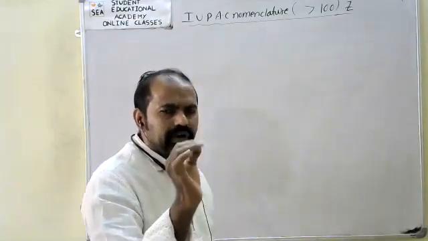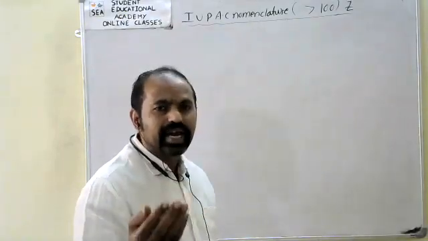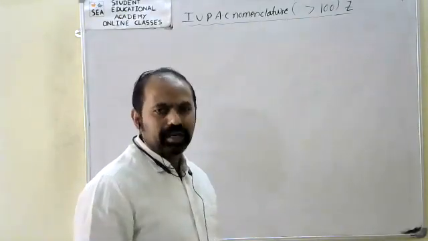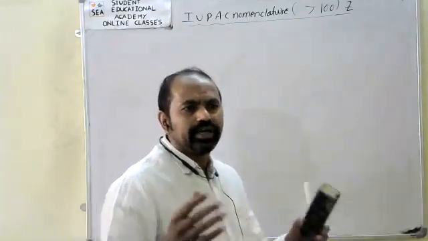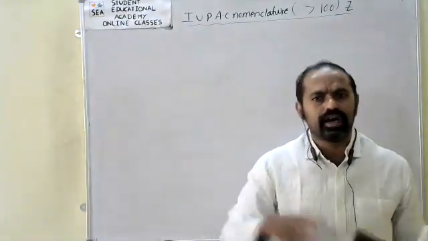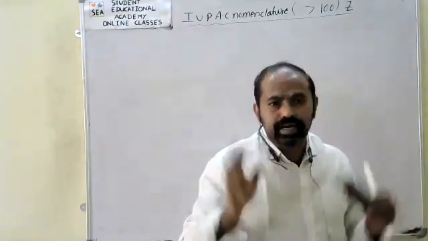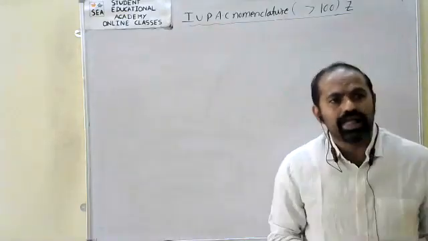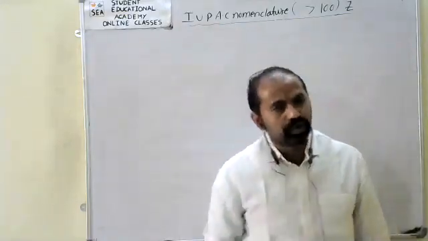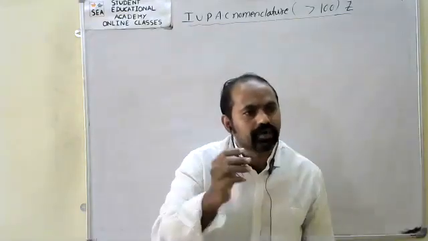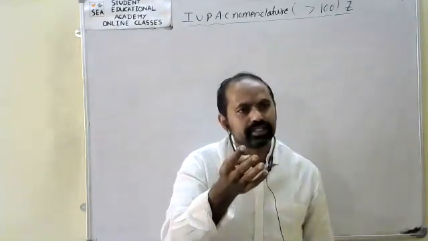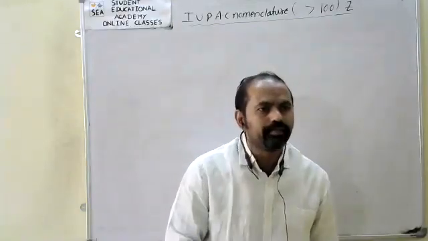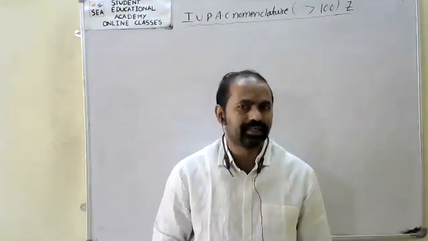So there are several complications in deciding the name of that element, because different scientists discovered it and gave separate names. For example, atomic number 104 was discovered by two groups of scientists, American and Soviet.